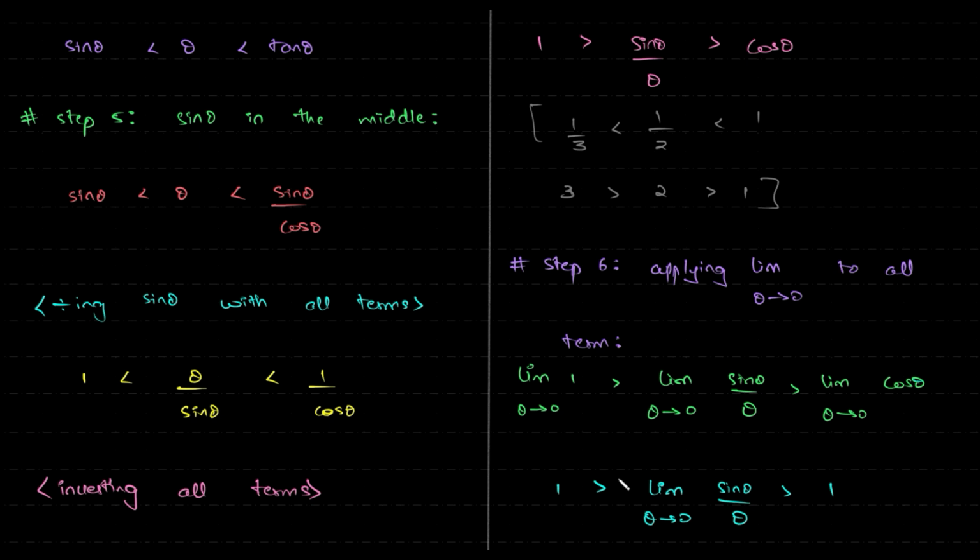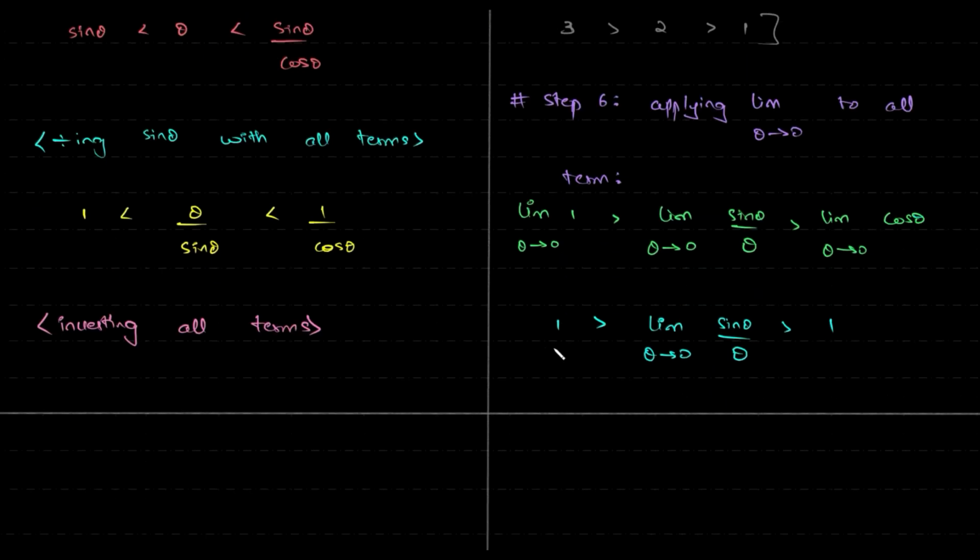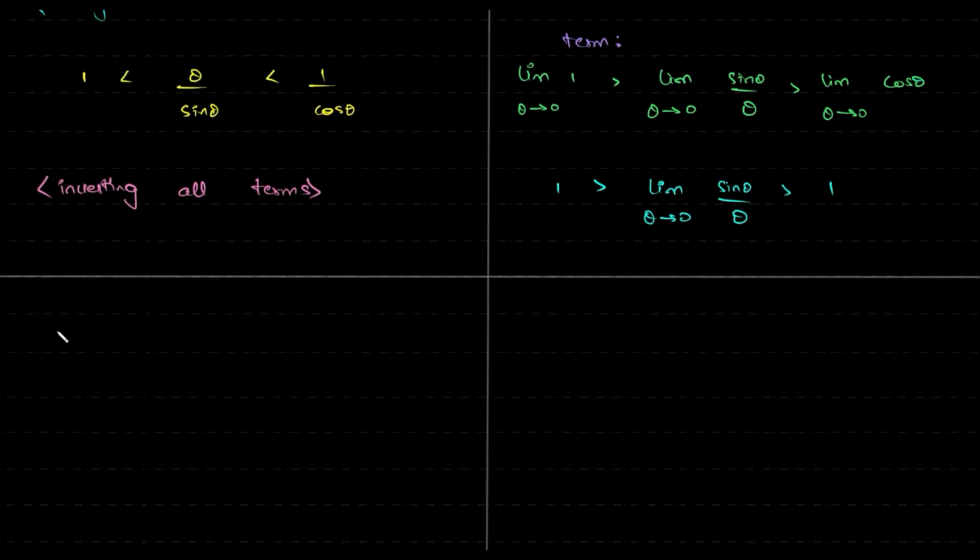So in this case, it is so. Since this is sandwiched between 1 and 1, as per the sandwich theorem, the limit of sine theta by theta as theta tends to 0 has to be equal to 1. And we have proved that.